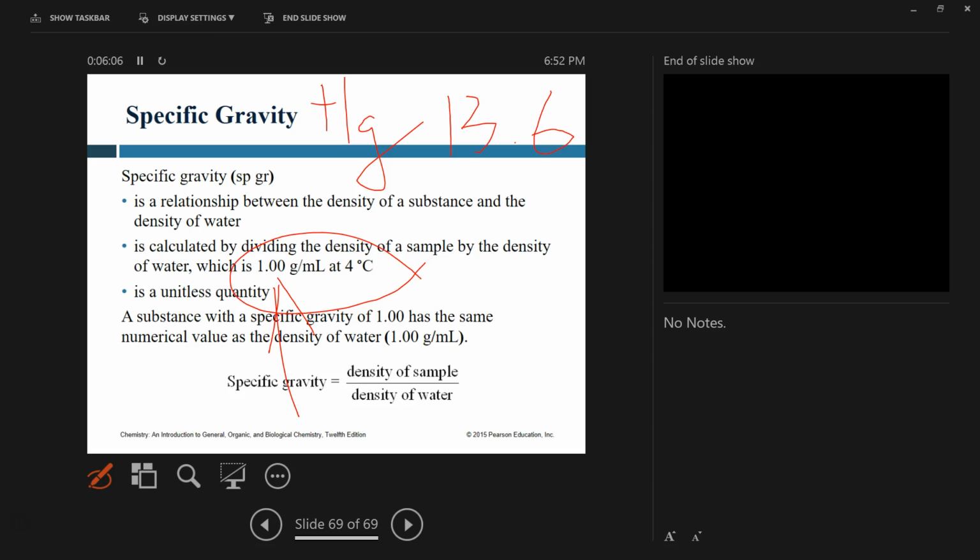Does that make sense? Are we always going to be assuming that the water is at 4 degrees Celsius? Yes. The definition of specific gravity is that water has a density of 1. You always compare it to 1. Are we clear? Any questions about this?